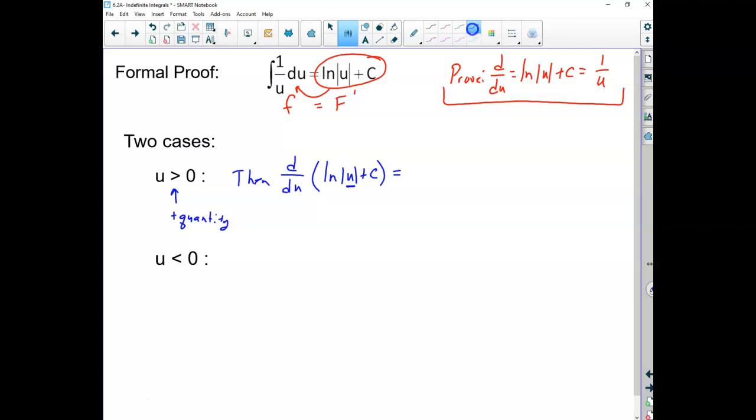It does absolutely nothing. It's actually the derivative, because it does nothing if that's a positive quantity.